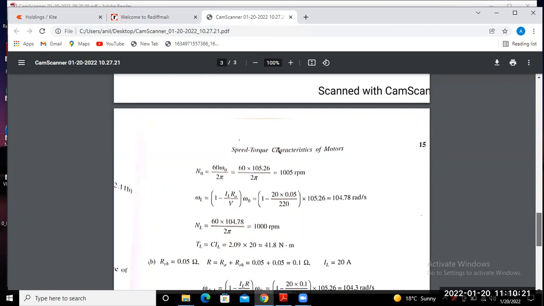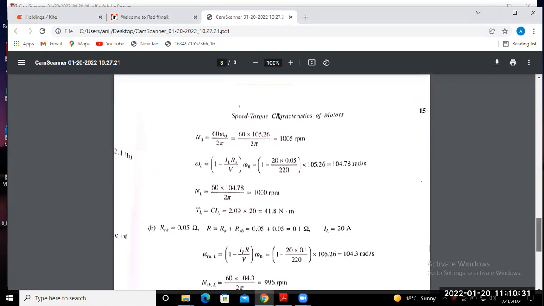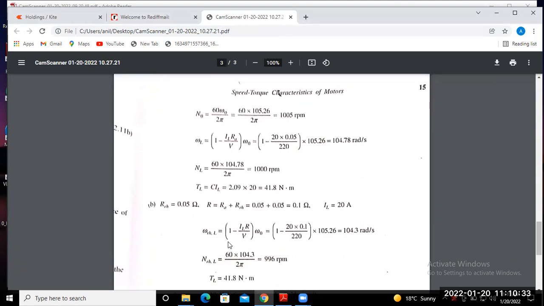And just now put here for part B, you will get the value on the same formula, that means omega RH at full load into 1 minus armature current into total resistance. Here the total resistance, that means 0.05 plus 0.05, but in part A only 0.05 armature resistance.